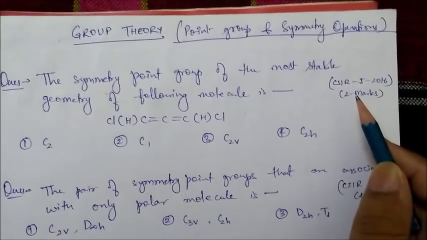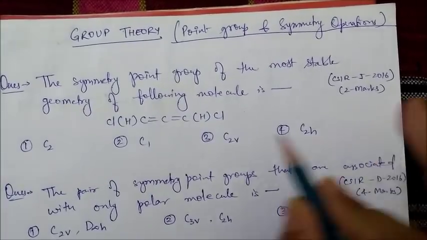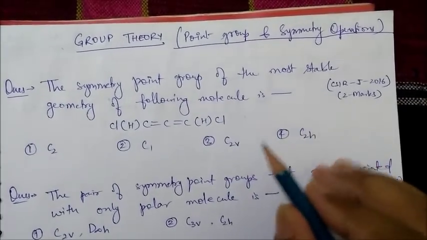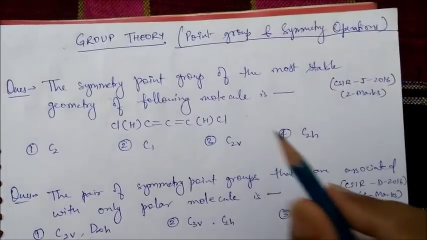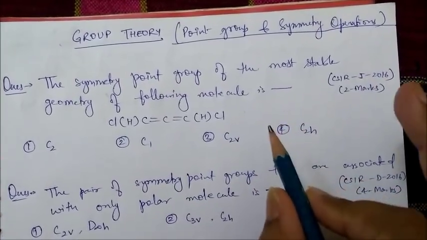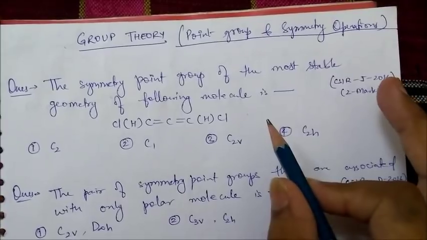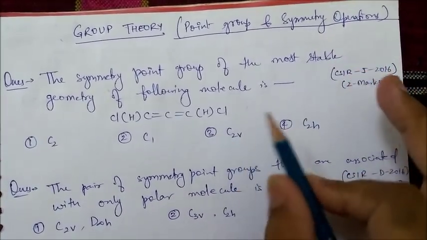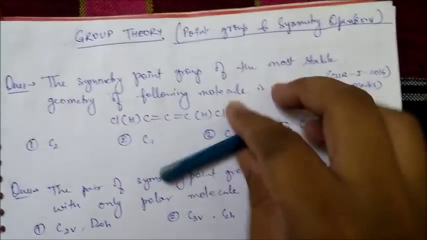I'm not taking those questions which are asked from the character table. That I will solve when I publish a video on character table. Till now I have given videos on the symmetry operations and point group, that's why I'm solving questions from there only, so that you are able to understand from watching my videos and then solving questions.